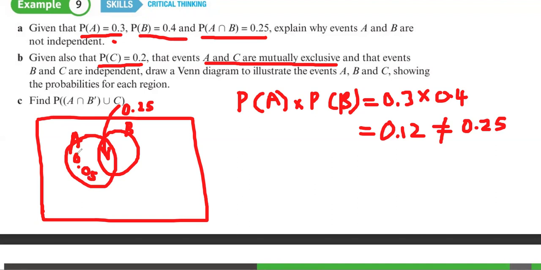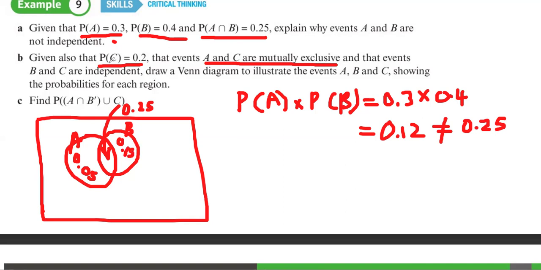Okay, can you tell me this one? Total P(B) equals 0.4. Then balance one? 0.15. Okay, it is okay now.